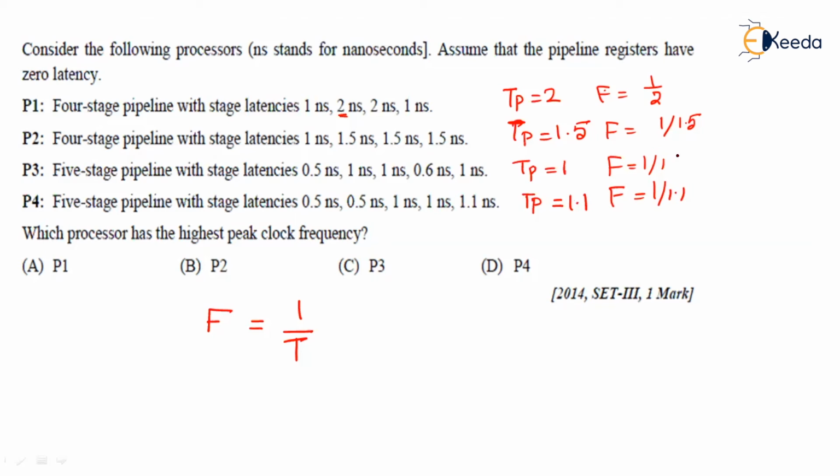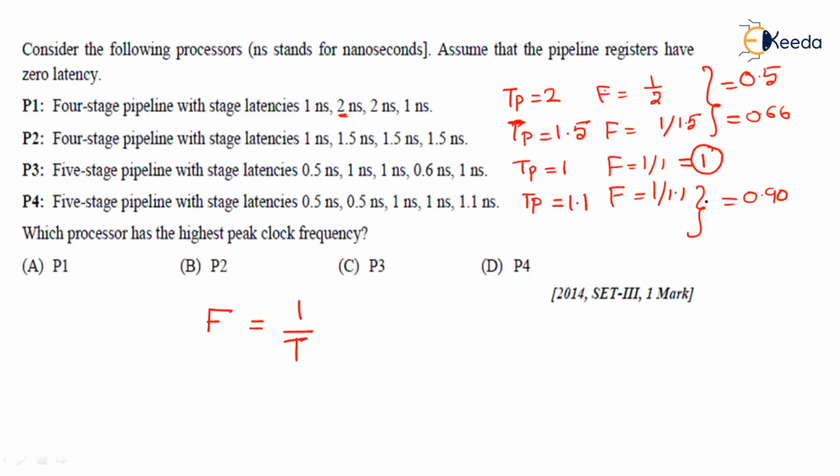So here, if you can clearly see, this one has the highest clock frequency. The highest is 1, because the rest will be less than 1. 1 by 2 is equal to 0.5. 1 by 1.5 is equal to 0.66. 1 by 1.1 is equal to 0.909, and so on.